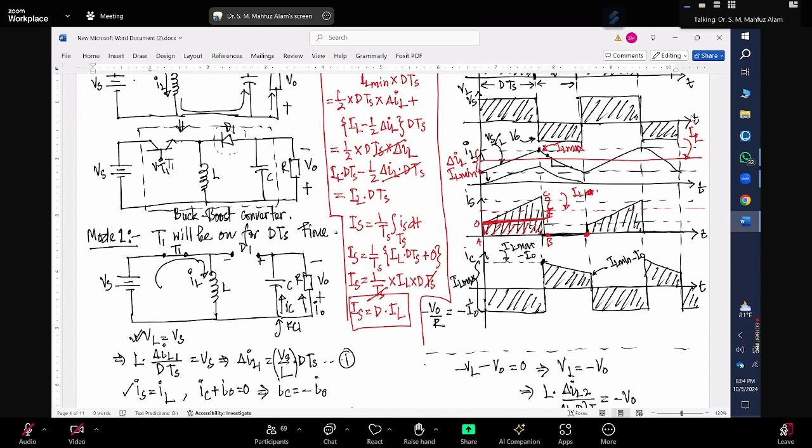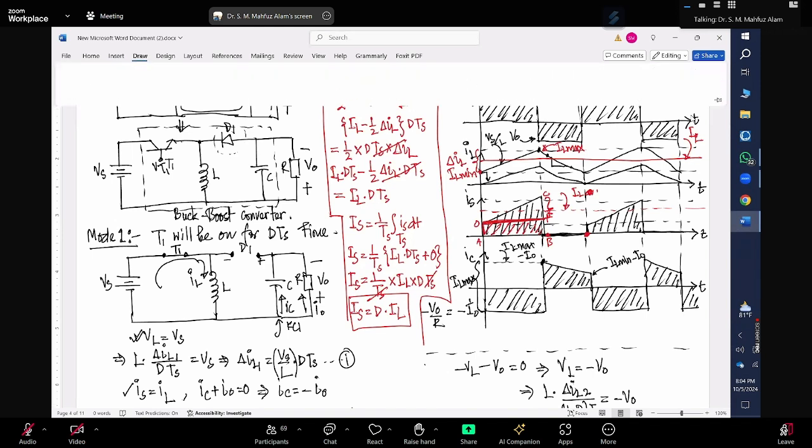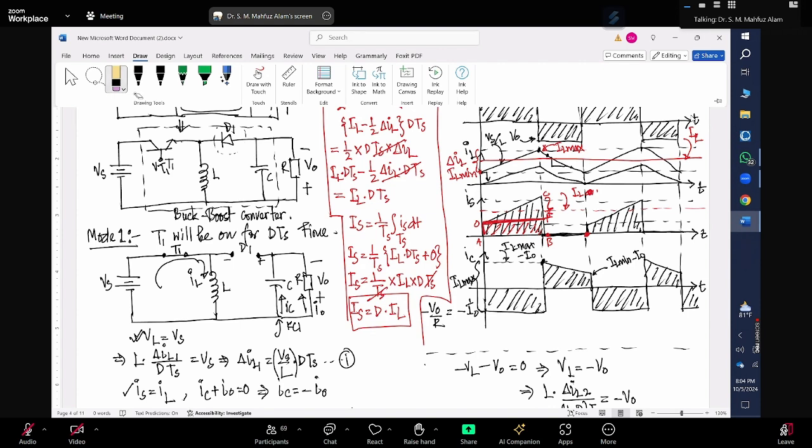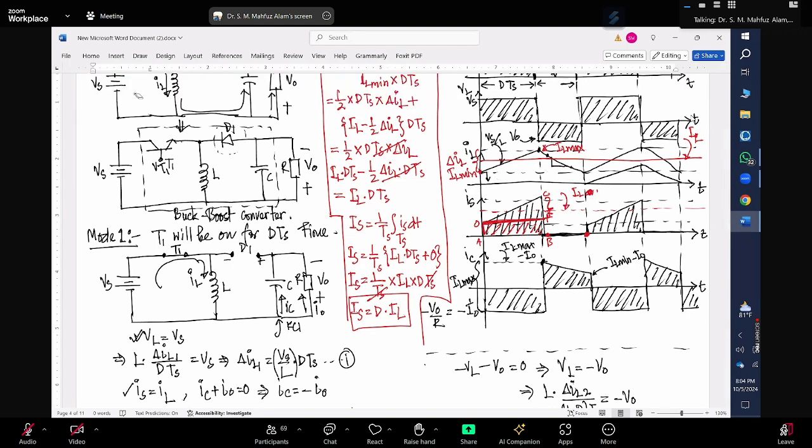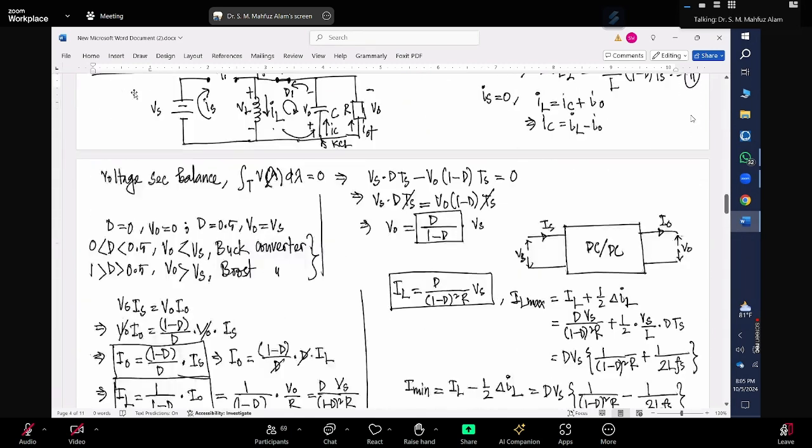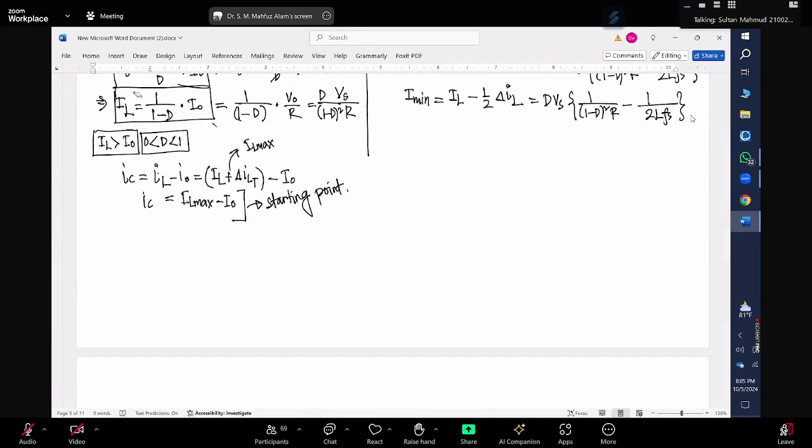It will start from 0 and go to touch 0, and then again start from 0 and go to 0. That should be the extreme point for the continuous current, right? And in order to obtain that, we have done this several times, what should be the minimum value of inductance? IL min equals 0.